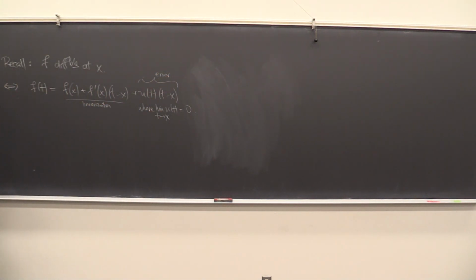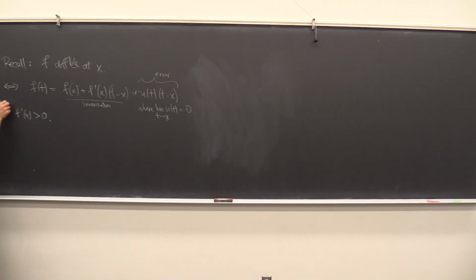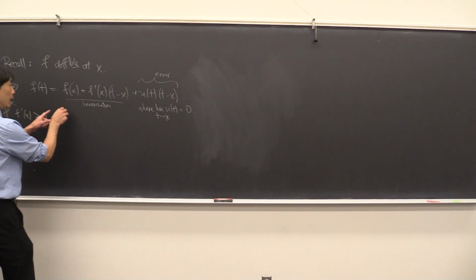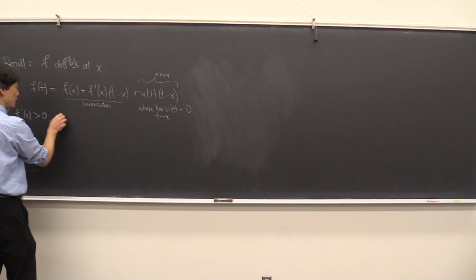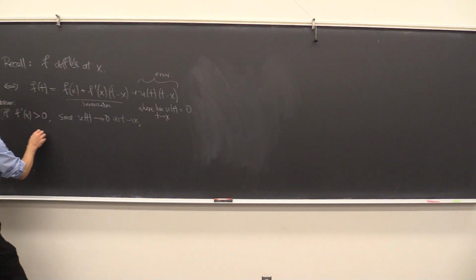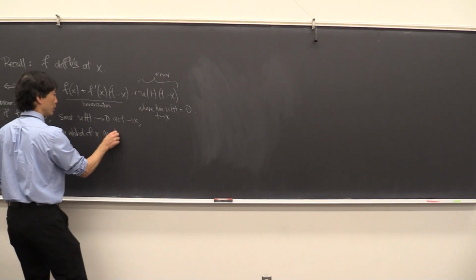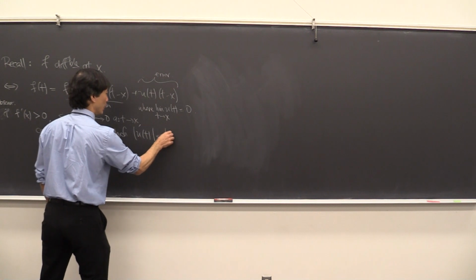And one thing that we used, for example, if f prime x is positive, observe: since u of t goes to 0 as t goes to x, then we can find a neighborhood of x in which the size of u of t is smaller than 1/2 f prime of x.